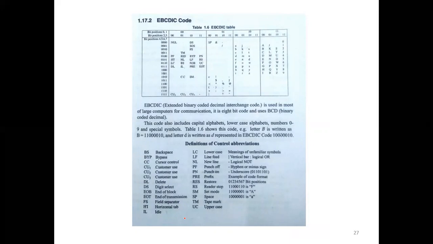Okay. Next one, Extended Binary Coded Decimal Interchange Code. This is also one type of non-weighted code used in computer languages. It can represent all the numbers, symbols, small a, capital A, like that, with bit positions.